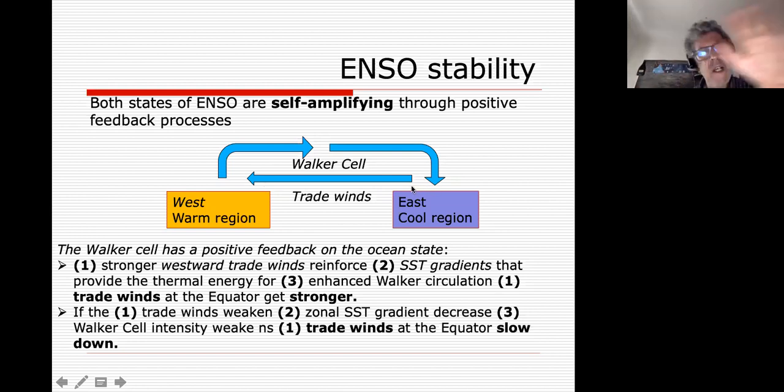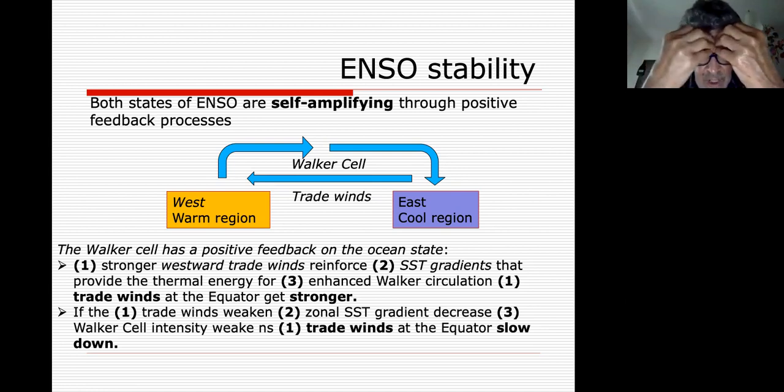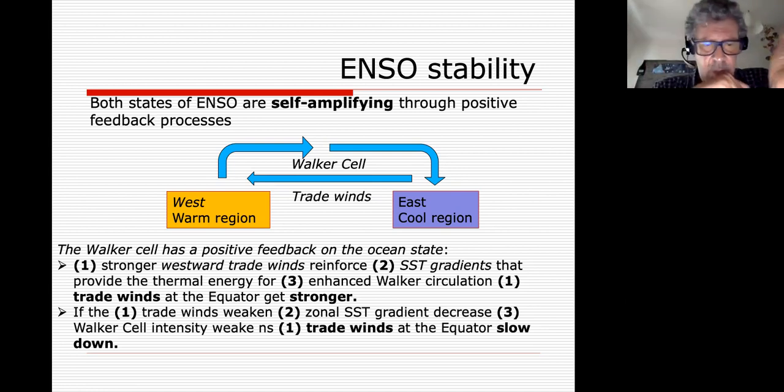Above the ocean there is the trade wind, and the return air flux is the Walker cell. The Walker cell has a zonal shape that goes just around above the equator.